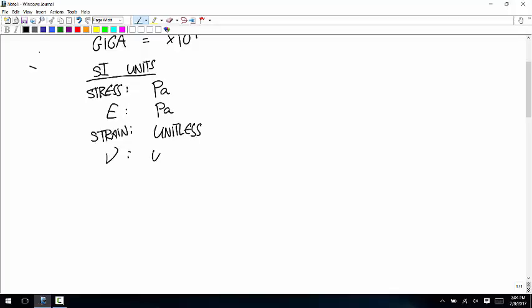Poisson's ratio is unitless. And traction is pascals. I think that's everything. So just express them like this, go through the calculation, and then if you want at the end, you can change it back. And then the second thing was just rancid, egregious round-off error.